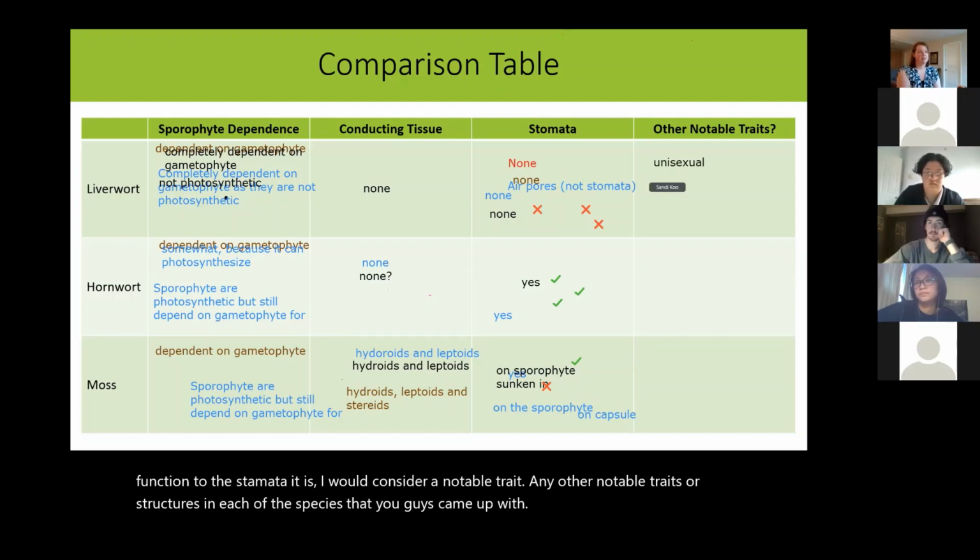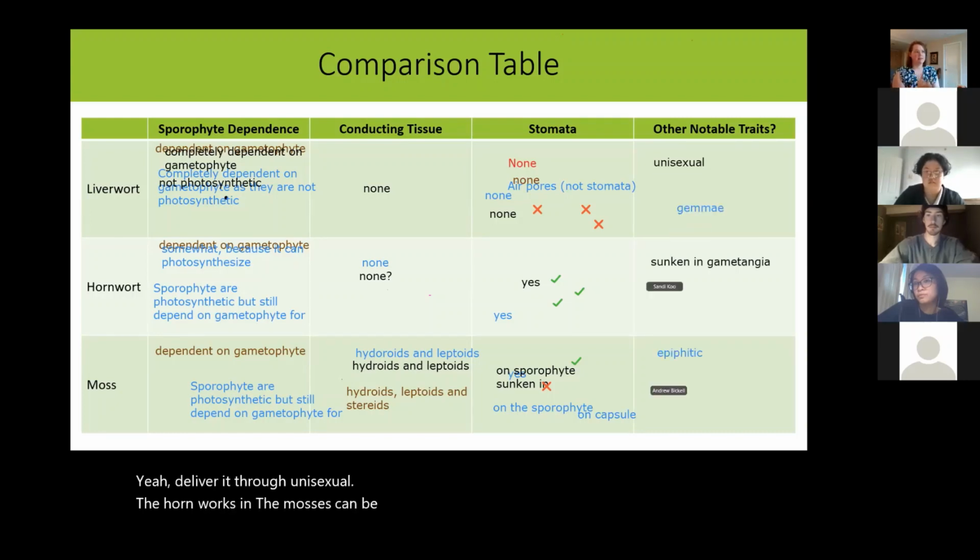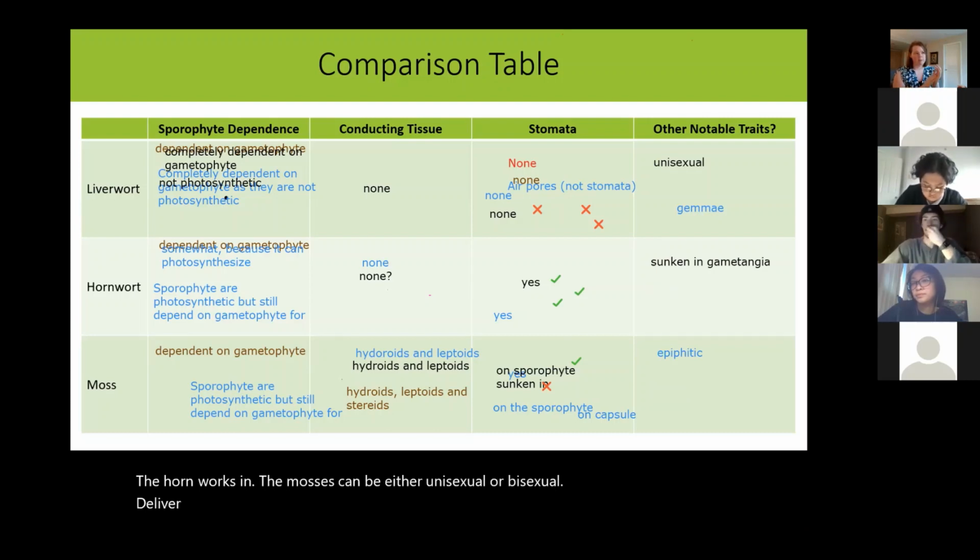Anything unique to each of them? Yeah, the liverworts are unisexual, and the hornworts and the mosses can be either unisexual or bisexual. The liverworts can have gemmae in the gemma cups. The hornworts have sunken gametangia. Anything else?